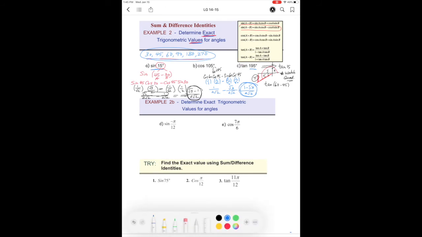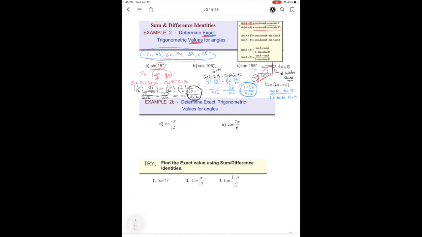Now we write it out. So we have tan 60 take away tan 45 all over 1 plus tan 60 times tan 45. Now I'm going to write the ratios.